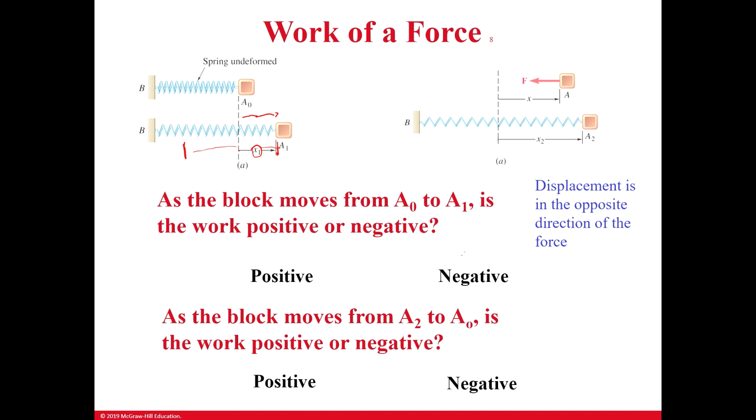So it's losing energy, therefore the work is negative. But from A2 to A0, now it's going back. Remember, we move from stages. At stage 2, the spring is going back to an undeformed position, and because of the compression, the spring is gaining energy to a point where it's flexible again.